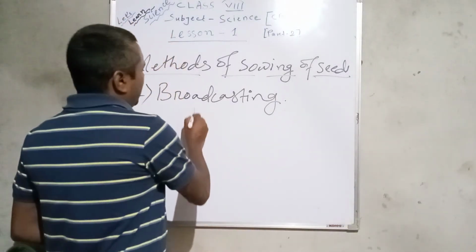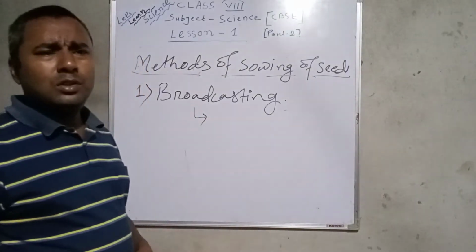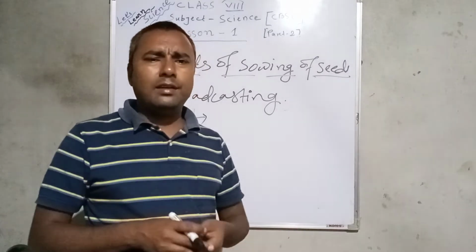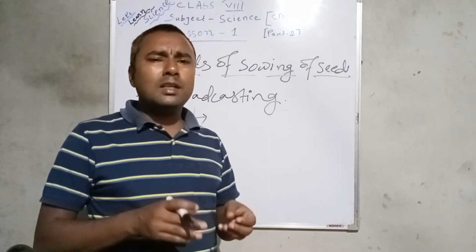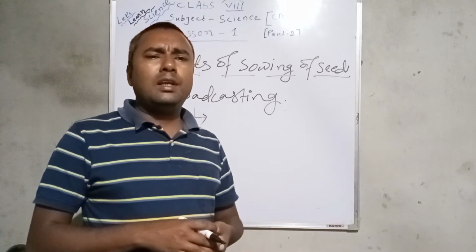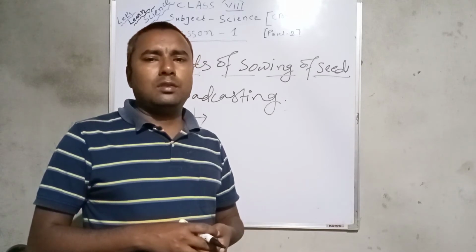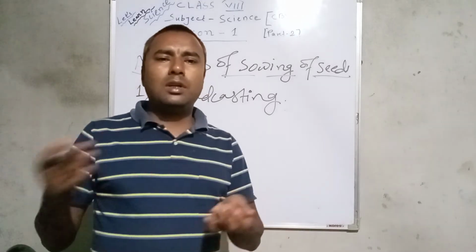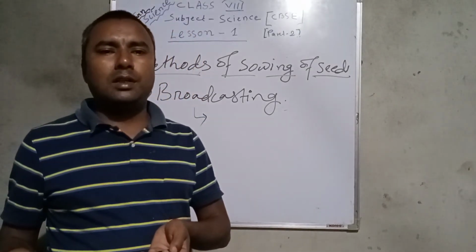But in this method, what happens, when the farmer sows the seeds by using their hand, the seeds are not planted in the field in a uniform way. Somewhere there are more seeds planted, somewhere there are fewer seeds planted.